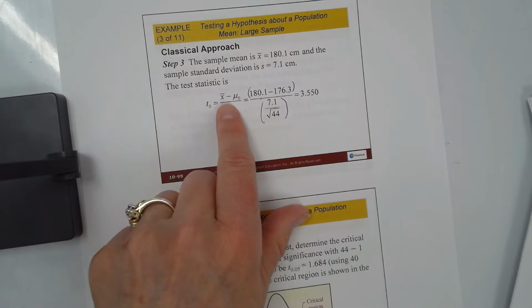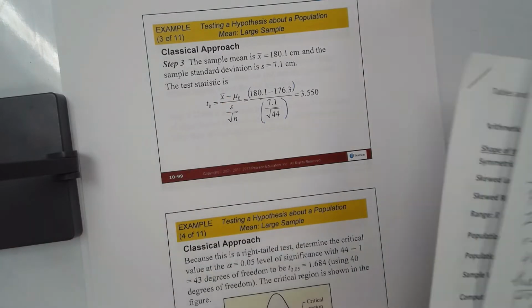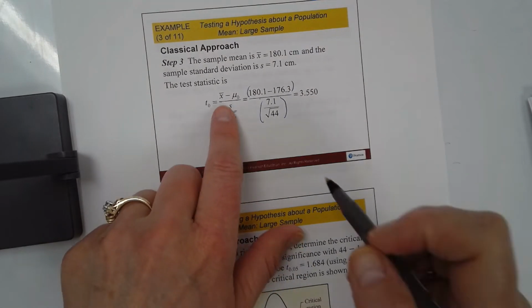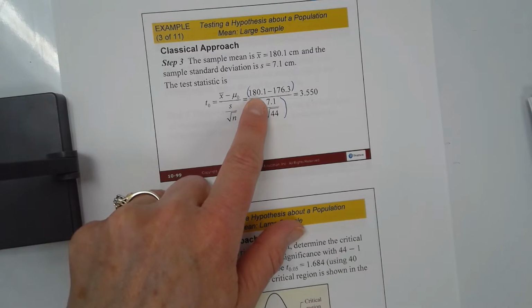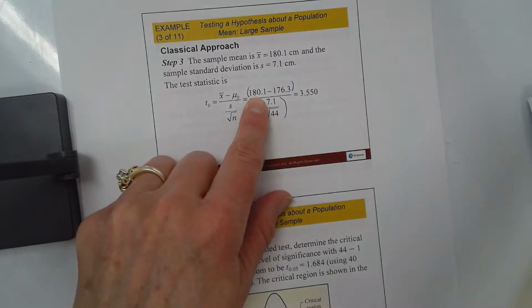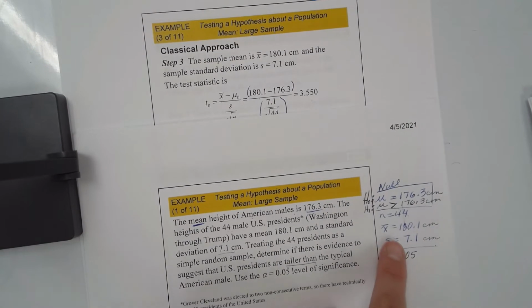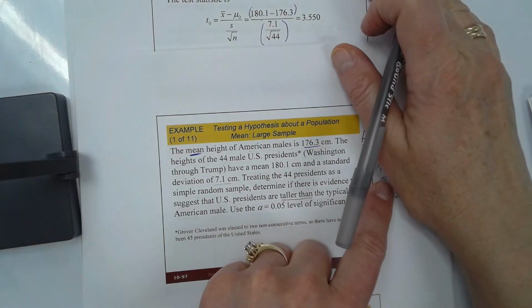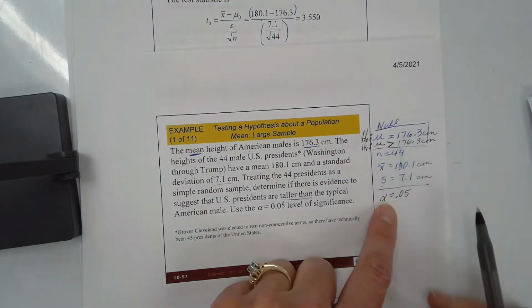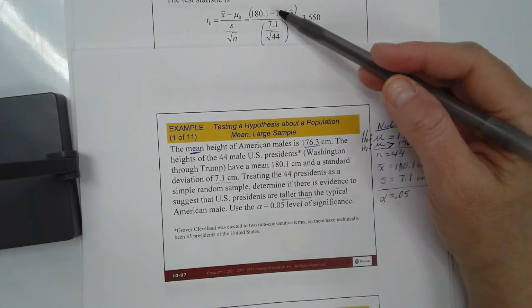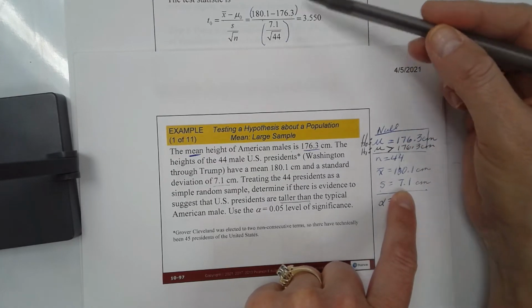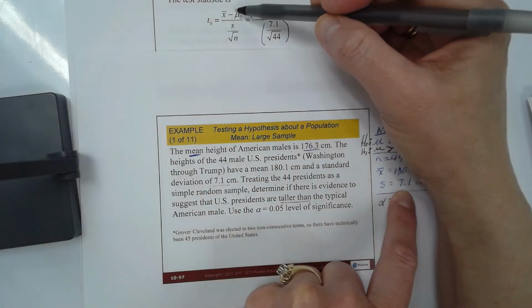So you take that formula, plug in the values that we know because they were given to us in the statement of the problem, right? So the mean of the sample, the X bar, was given to me in the problem as 180.1. The standard deviation in the problem was given to me as 7.1. The mean, this is X bar minus mu naught.